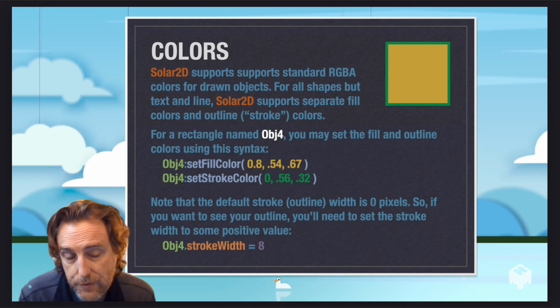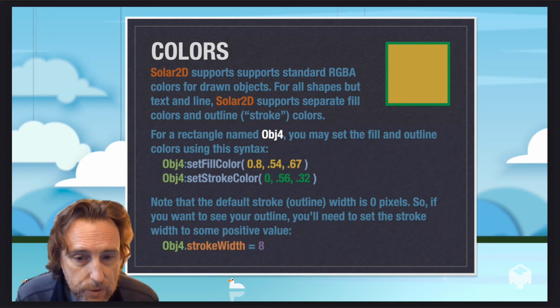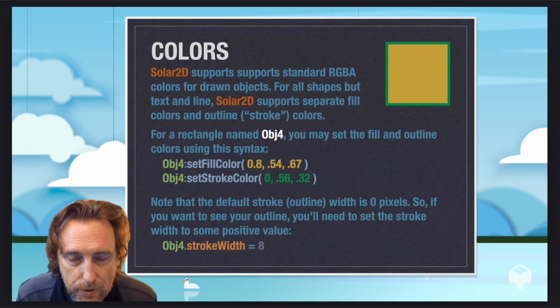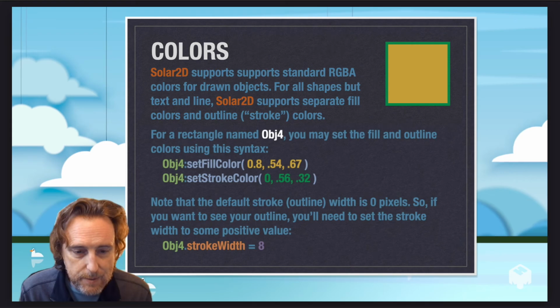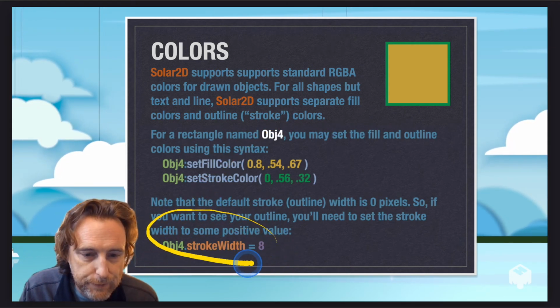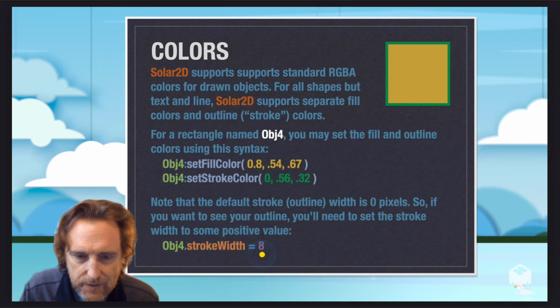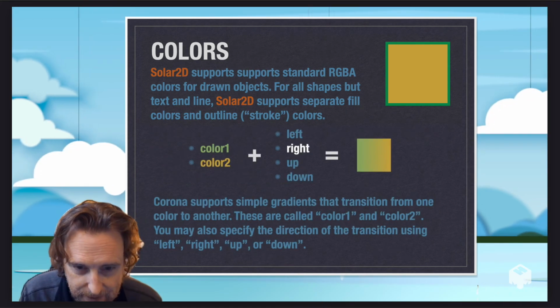So if you set the stroke color and don't adjust the stroke width, you won't see the stroke color because it has a width of 0 pixels. So if you want separate fill and stroke colors and want to be able to see them, then you have to set the stroke width to some positive value. That's the first trick, and it trips everybody up one or more times.